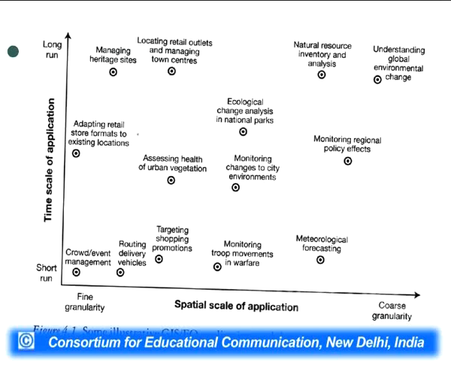How many people are coming to the railway station, how many people are coming to the bus stand, how many people are coming through a particular train, and all that data needs to be collected very frequently within a short run, so that the planners can manage the crowd efficiently and take decisions in real time.